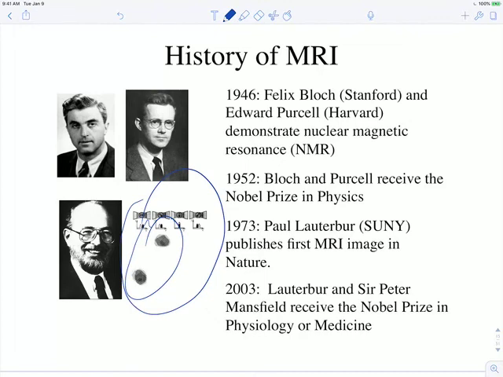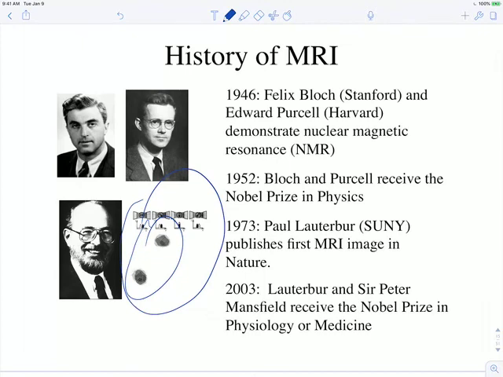Bloch and Purcell could have easily done what Paul Lauterbur did. They had all the electronics to do it, but they just didn't have the right idea. A lot of times it's really having the right idea that's important for these innovations. It's not having the fanciest equipment or the most money, it's just having the right idea.